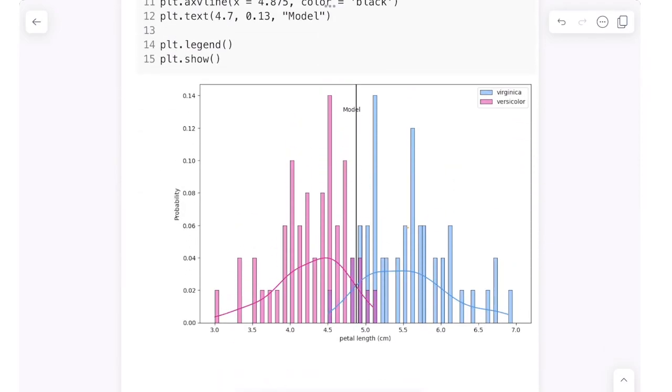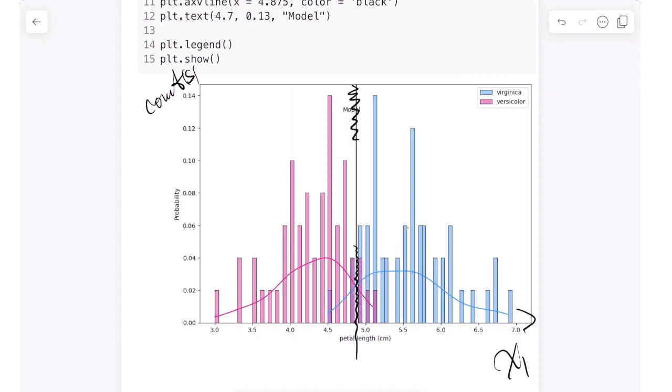Okay, so we have two classes, the blue one and the purple and pink one. That is the distribution of these two classes. We have some data points right here. So if you have a model, for example x1, that is the count, and it creates a boundary line, no matter what kind of model you have, it creates a boundary line right here.